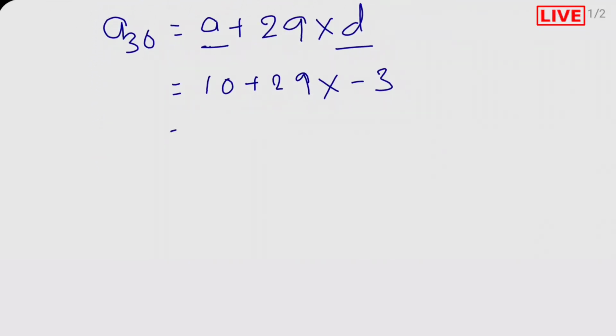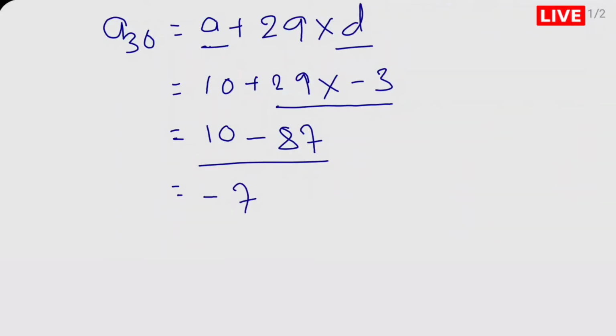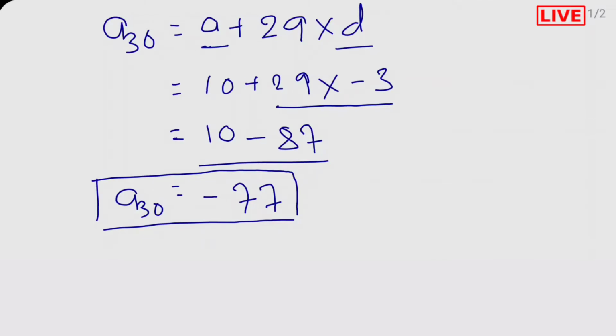So 10 as it is, and 29 into minus 3 is minus 87. Make it subtraction, we got minus 77. So A30 is minus 77. The 30th term of the AP is minus 77.